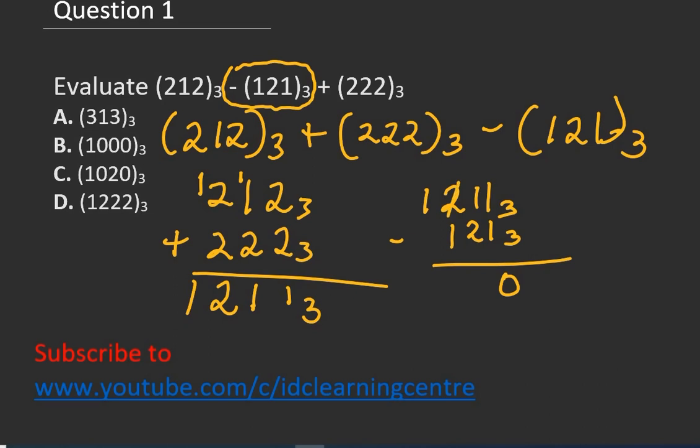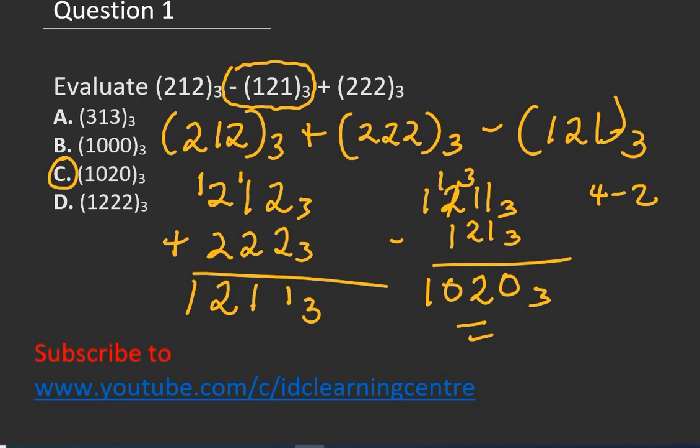Borrow 1 from this 2, it reduces to 1. Since we are working in base 3, the 1 I borrowed here, I'm going to call it 3. So this 3 plus 1 is 4. 4 minus 2 is 2. So 1 minus 1 is 0, bring down 1. So my answer is 1020 base 3. So the right answer is C.